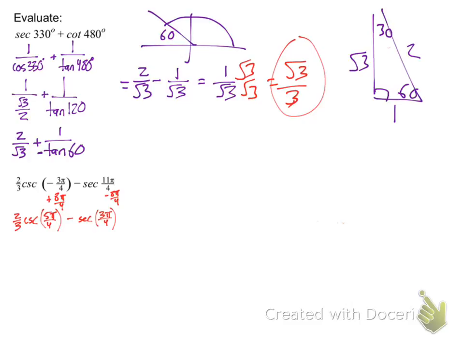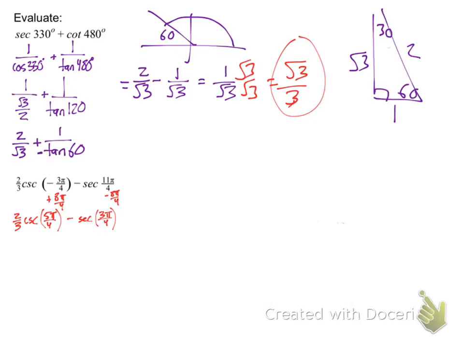You're left with 3 pi over 4. Hey, wait a minute. Are 5 pi over 4 and 3 pi over 4 on the unit circle? Yes. And it's in cosecant and secant.